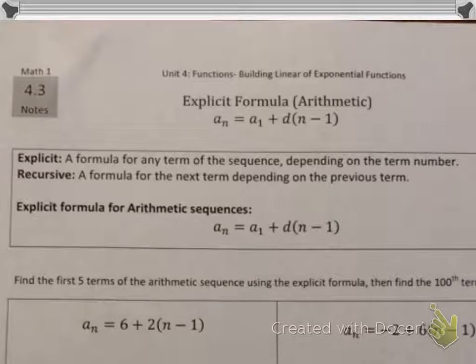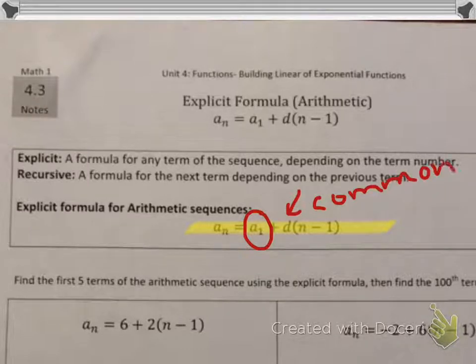So when we find the explicit formula, there's a formula to do that. What we have to know is the first term. We have to know the common difference. And then this n is the number of the term we're looking for.